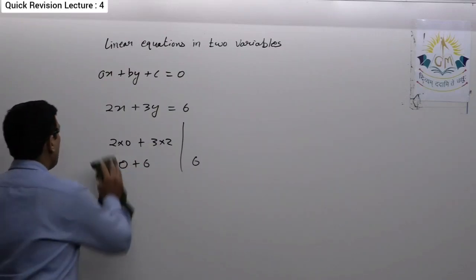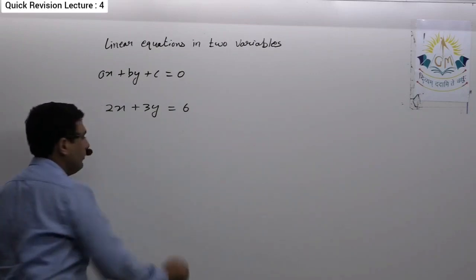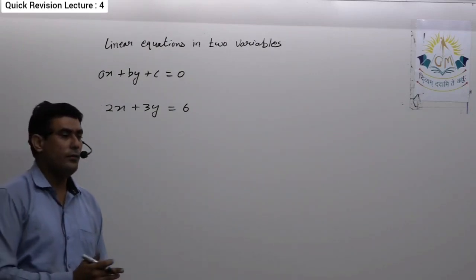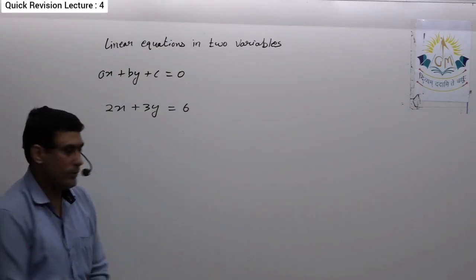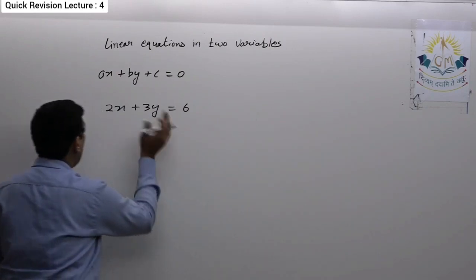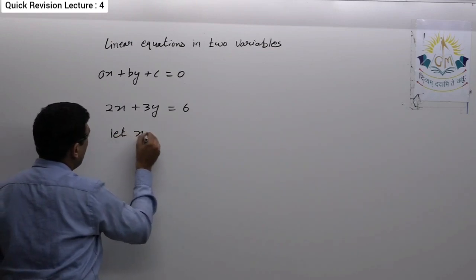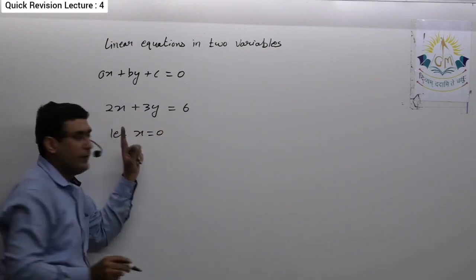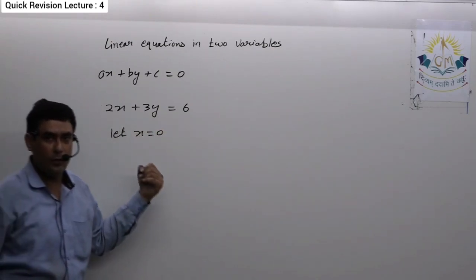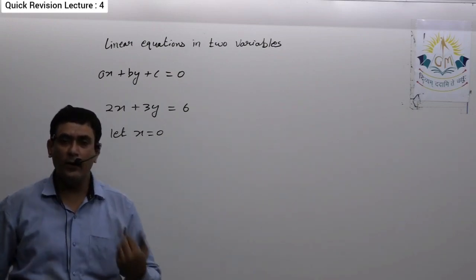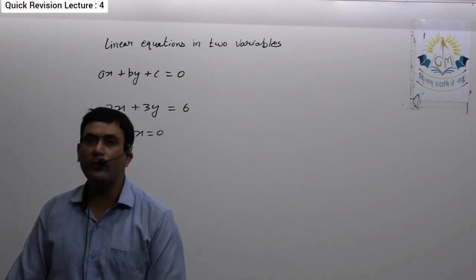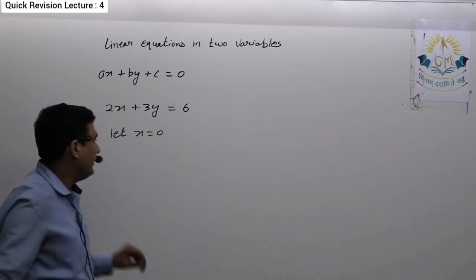So the question is to find the different solutions, or which of the following is the solution of the equation? In this case, how do we find the solution? Let us see. We'll take x equal to 0. We can take the value of any one variable on our own, and by putting that value in the equation and solving it we'll get the value of the second variable.